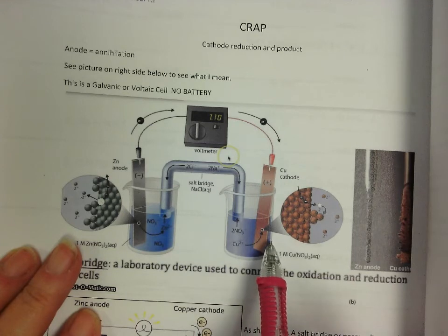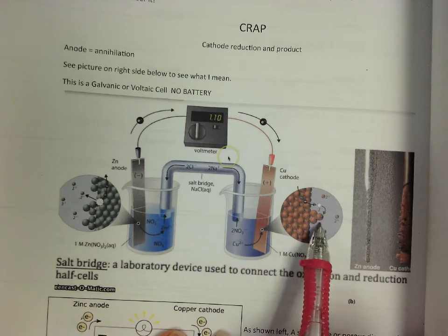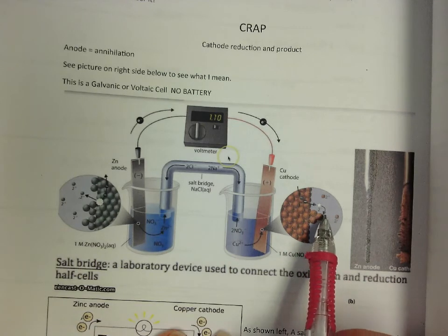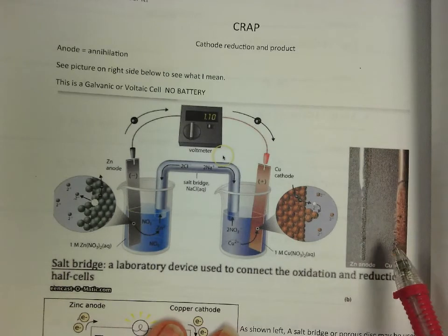And then they also show a close-up of the copper, and the copper starts plating on. And here's actually what a real electrode looks like.